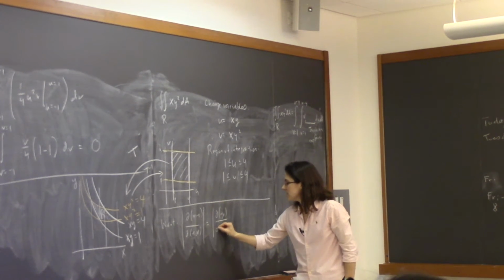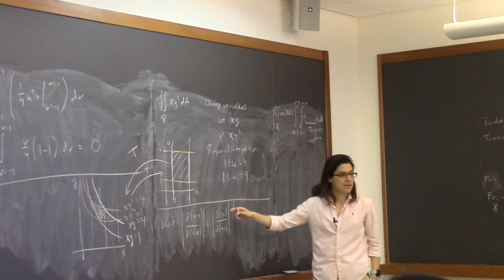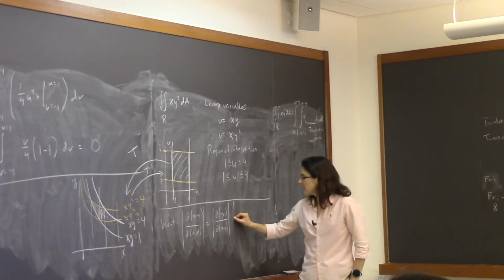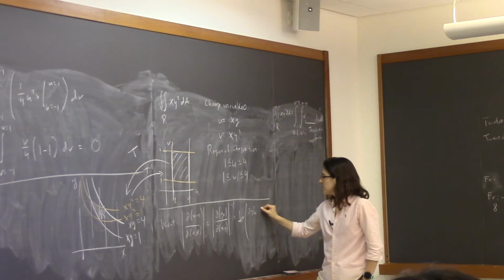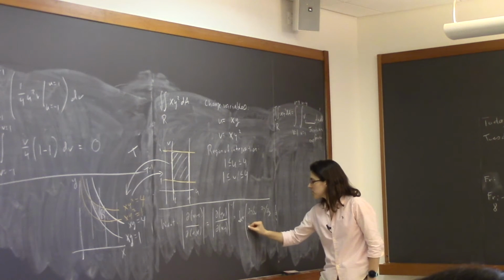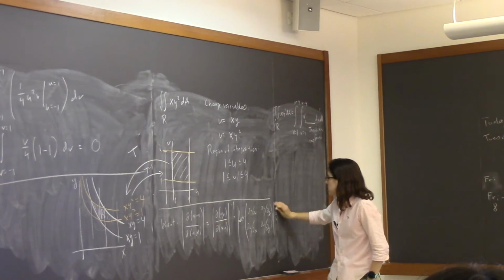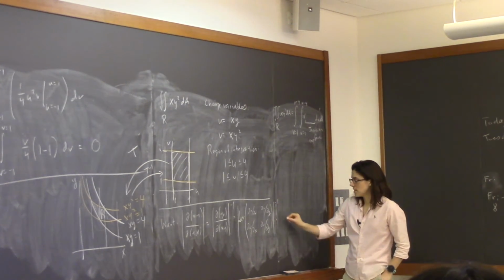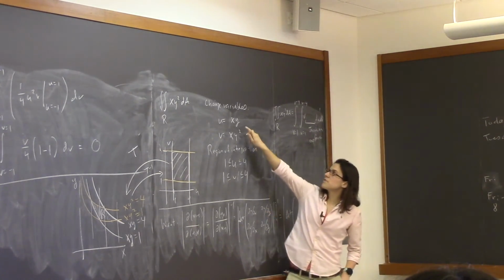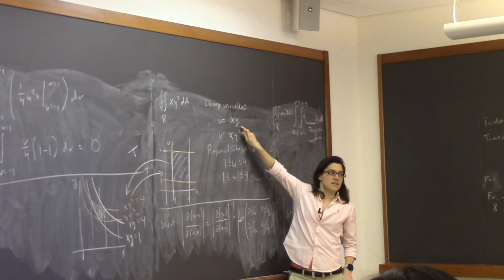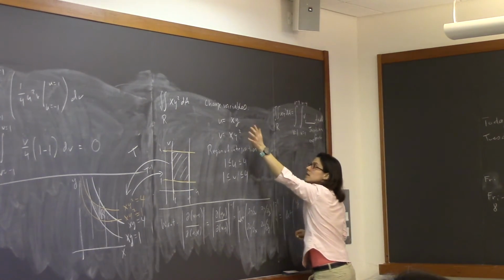So what we need to do is just take d(u,v) over d(x,y) inverse. Here this inverse means 1 over it, since this is a number. So we want the determinant of the partial of u with respect to x, the partial of u with respect to y, the partial of v with respect to x, and the partial of v with respect to y. Once we get that determinant, we'll just take 1 over it. The partial of u with respect to x is y, and the partial of u with respect to y is x.